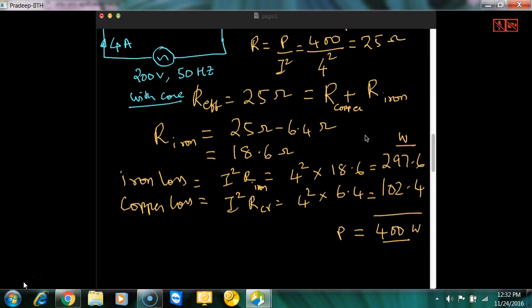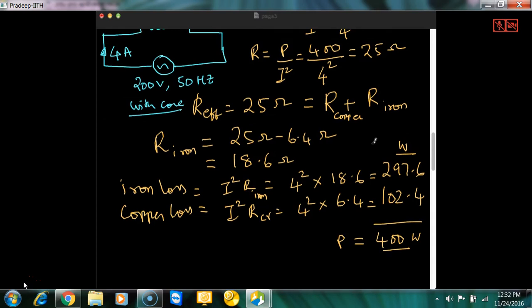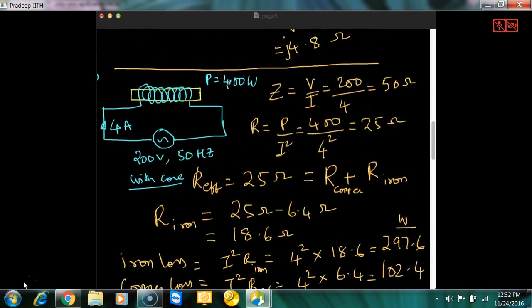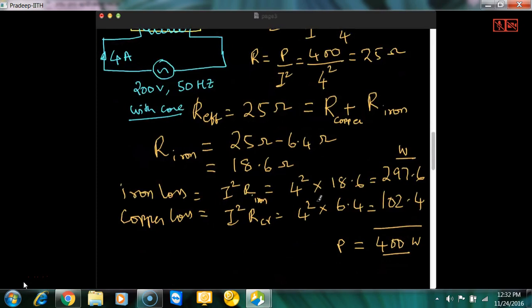So what we learned from it is the total power is 400 watts. Out of the 400, 297.6 is accounting for the loss in the core, and 102.4 is accounting for the loss in the copper. So this is the iron loss and copper loss. That is what was asked in the question, and we have answered that question.